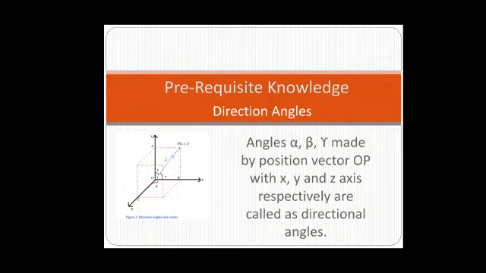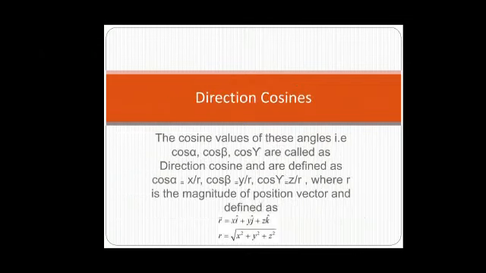Angles alpha, beta and gamma made by position vector OP with x, y and z axis respectively are called directional angles.